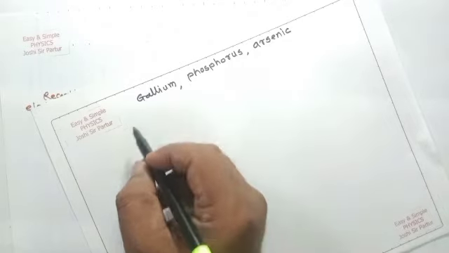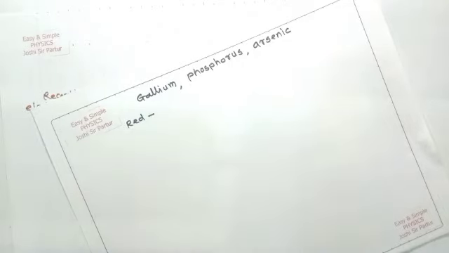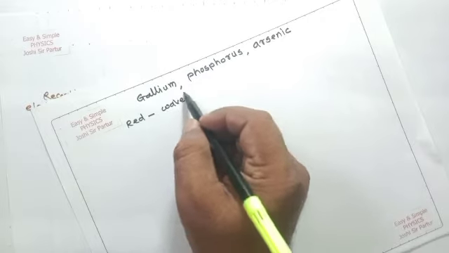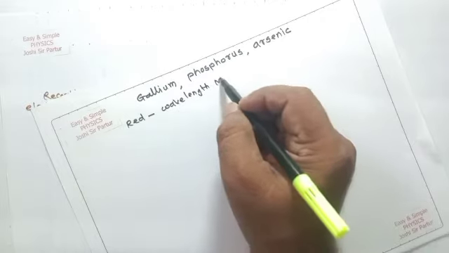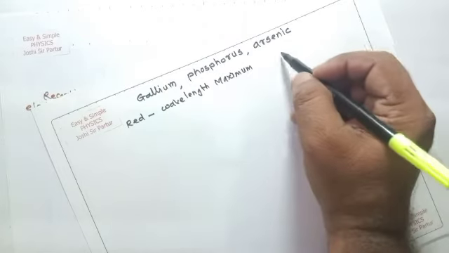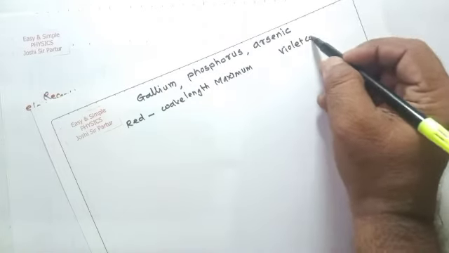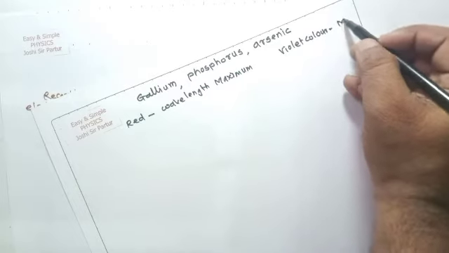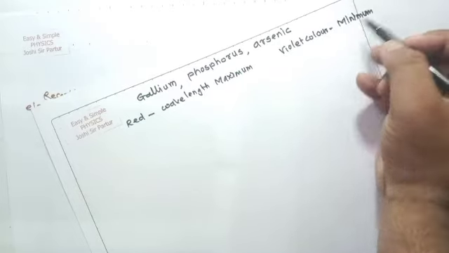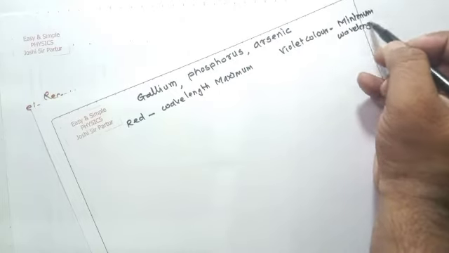We know that for red color the wavelength is maximum, and for violet color the wavelength is minimum. So by this proportion of elements in the semiconductor material, it is possible to produce light of different wavelengths.